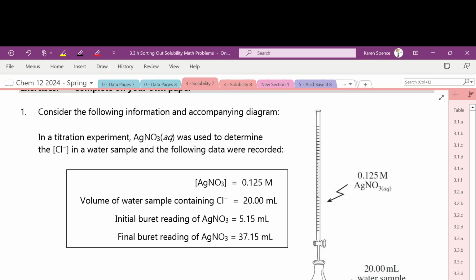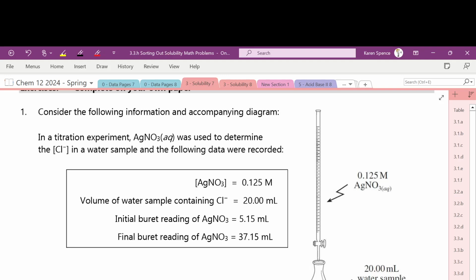So when it's a titration, you need to find the moles and find the moles. You need to say, okay, what can I find the moles of? Can I find the moles of the Ag, or can I find the moles of chloride? Ag. Okay, so you're going to find the moles of Ag, and convert them to Cl.